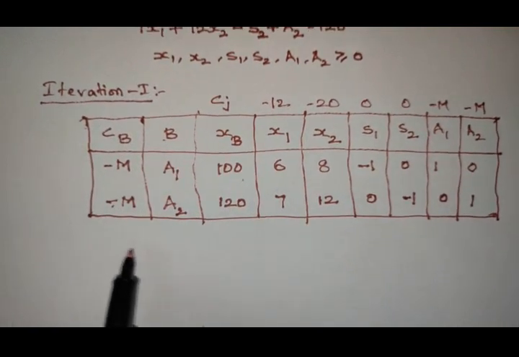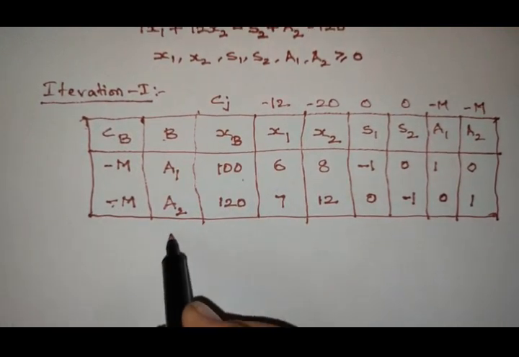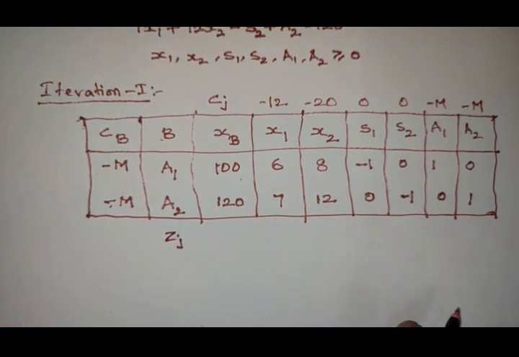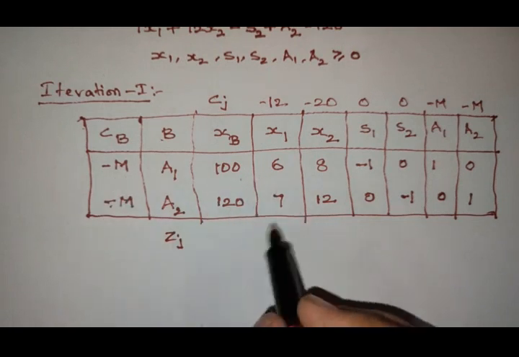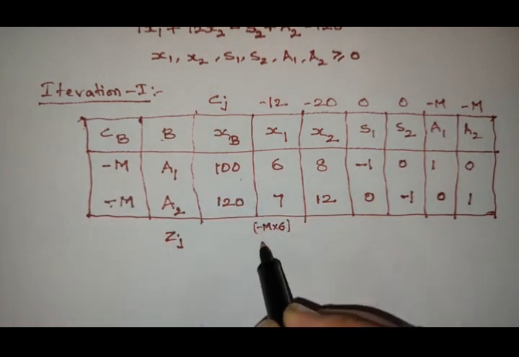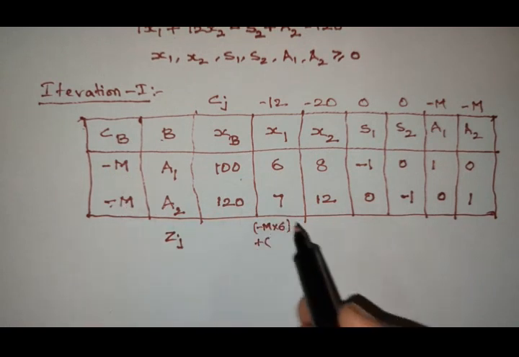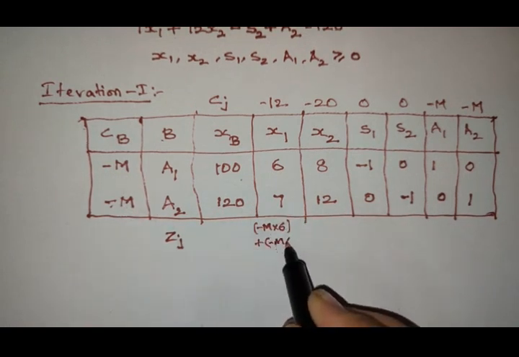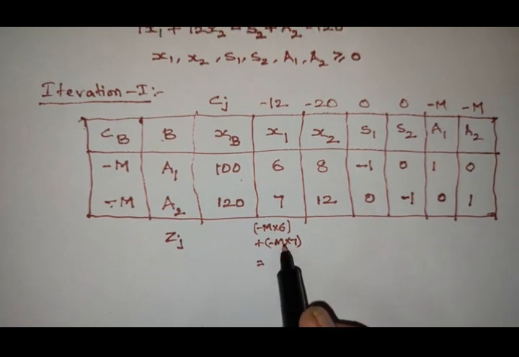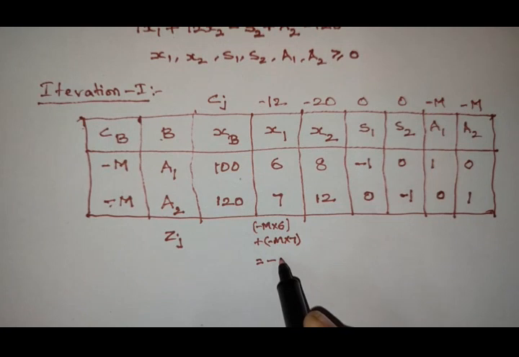So Zj is equal to minus M into 6 plus minus M into 7. Then the total value, minus 6M minus 7M, it is minus 13M.